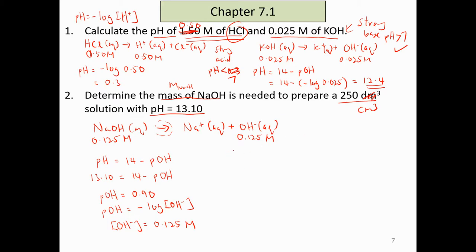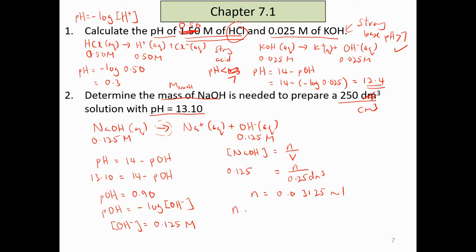Now we can start to look for the mass. We know that concentration equals moles per volume. So our concentration is 0.125. Find the number of moles, and given is 0.25 dm cube. So moles will be equal to 0.03125 mole. Now let's find the mass of sodium hydroxide.